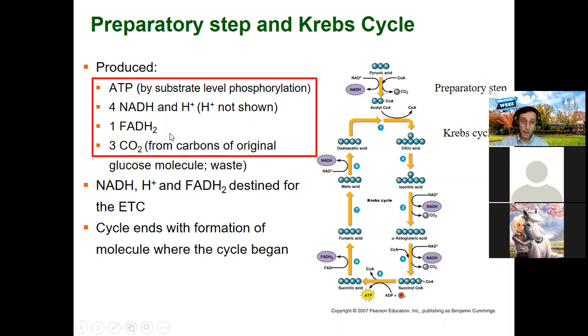You generate 1 FADH2 molecule, that's right here. And then each of the carbons in pyruvic acid is burnt into CO2. So we generate 3 CO2 from the preparatory step and the Krebs cycle. 1 happens here, 1 happens here, and the third happens here. Any question about that?